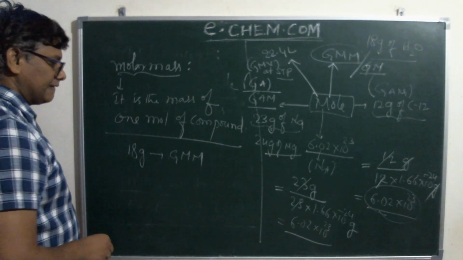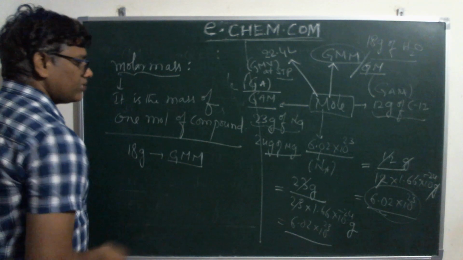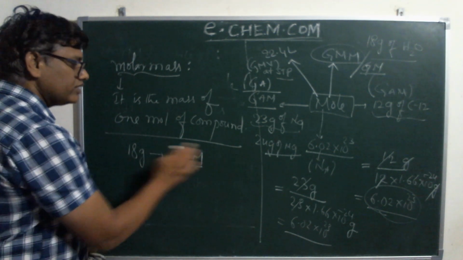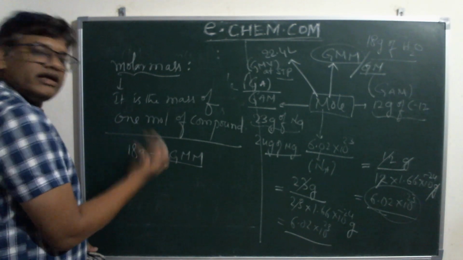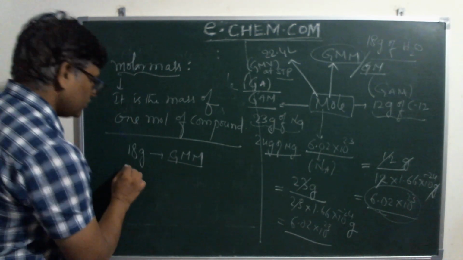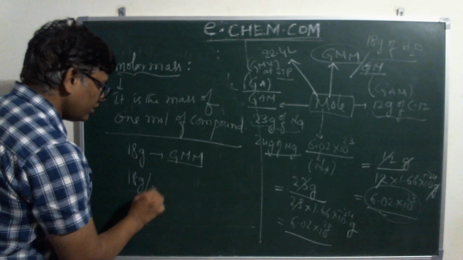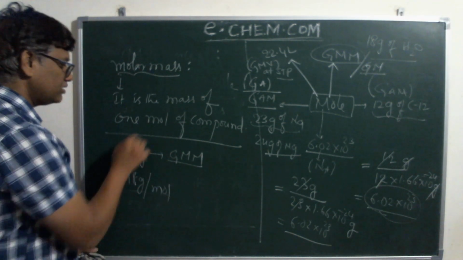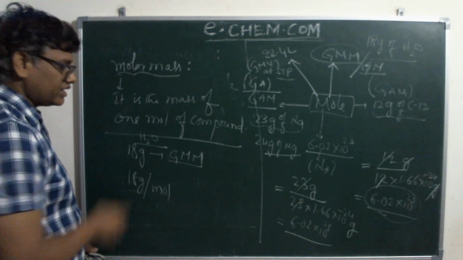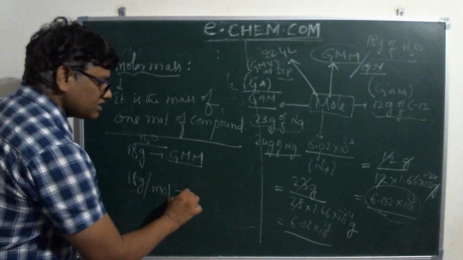Right? This gram molecular mass is for 1 mole, so we can express it in terms of gram per mole. So, 18 gram per mole of water, as an example.